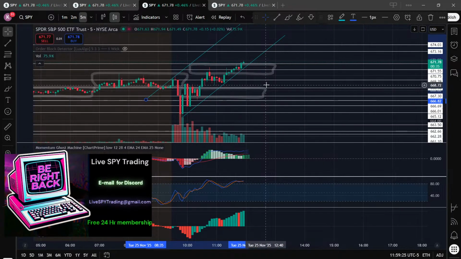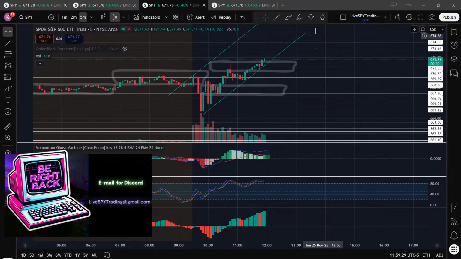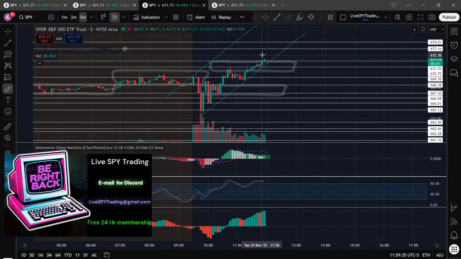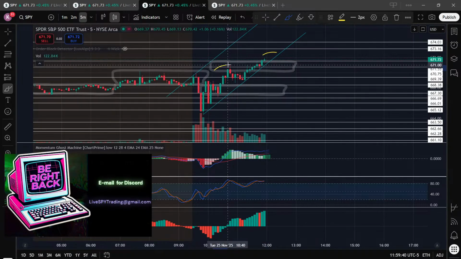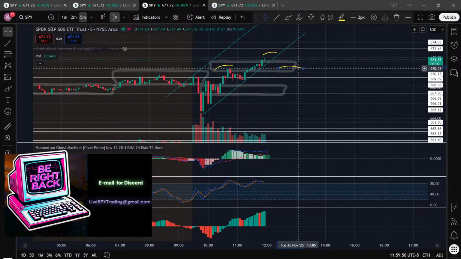Okay, the Discord, we're in teal until we're not. If this wants to continue up, it's gonna be in teal. If it wants to head down, look for a head to form and then a shoulder. This is the only setup.